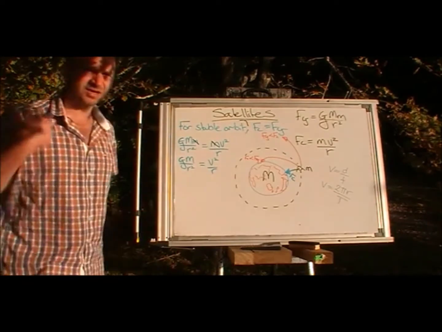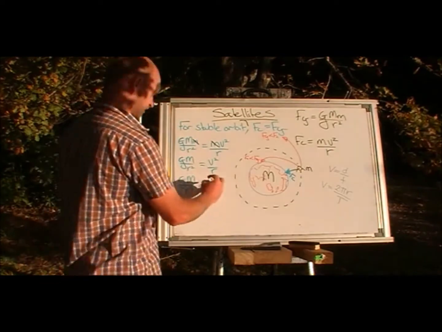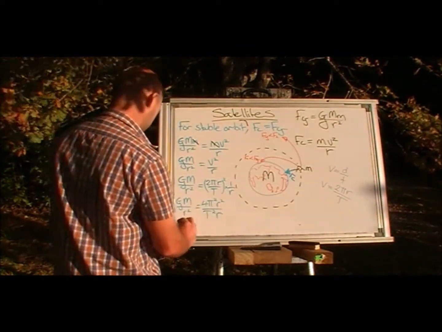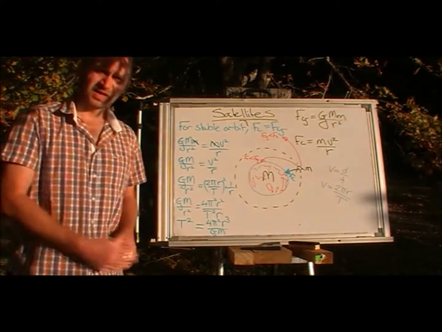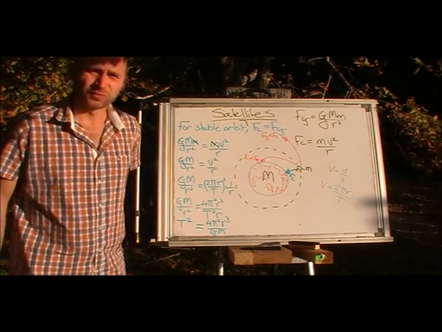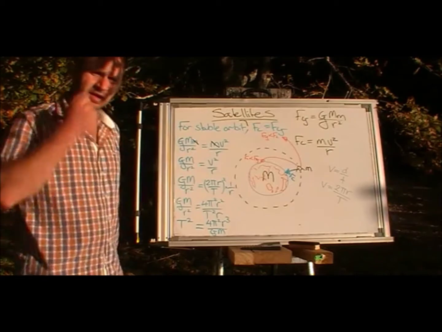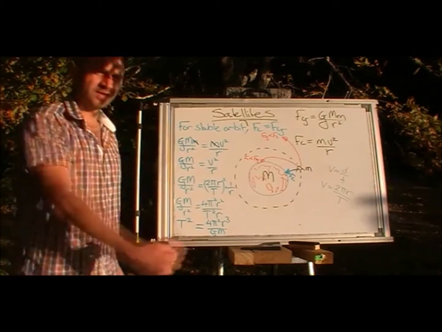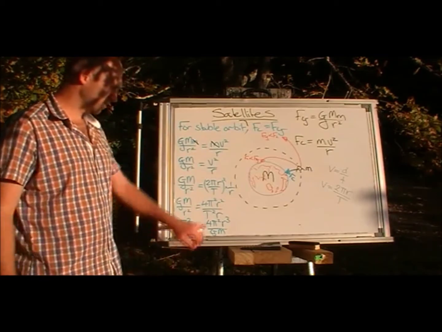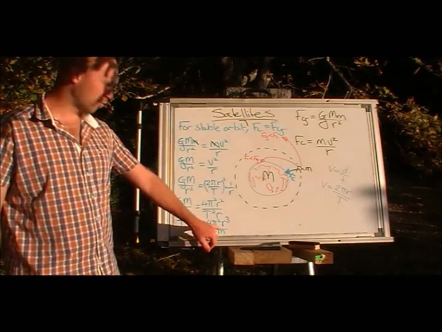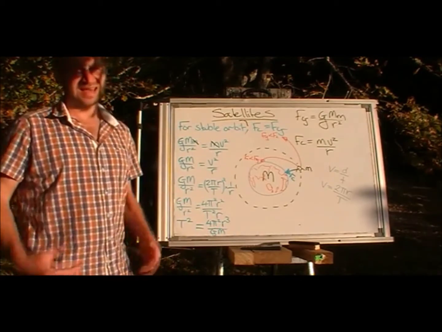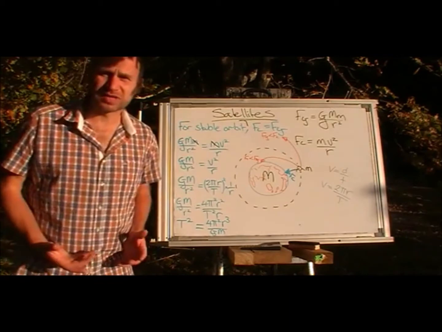How long does it take to go round? So that's one rearrangement that we could do, and it's interesting to note that the period of the orbit, the time it takes to go around, depends on the radius of orbit cubed.